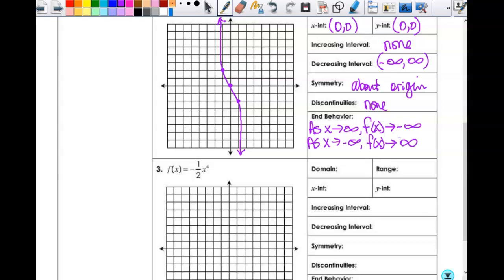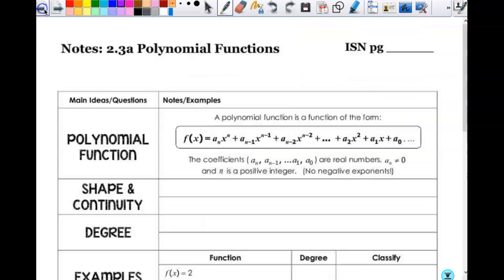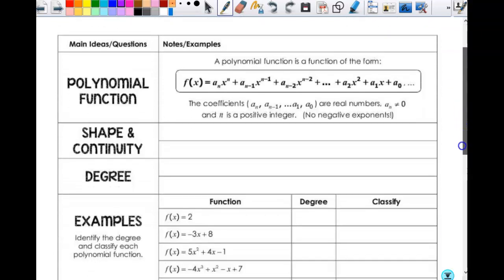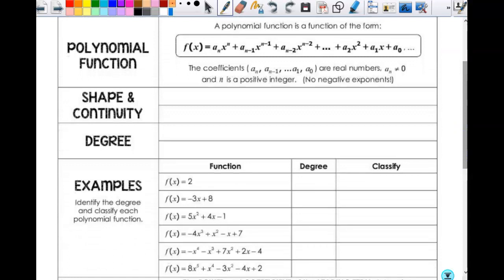Grab the other one. This is going on page 34. So we're going to talk about polynomials because tomorrow we're going to start sketching them. This is the definition of a polynomial basically, and it looks insane, but it has to look that way to generalize it. Your coefficients are a sub n minus 1, a sub n minus 2.